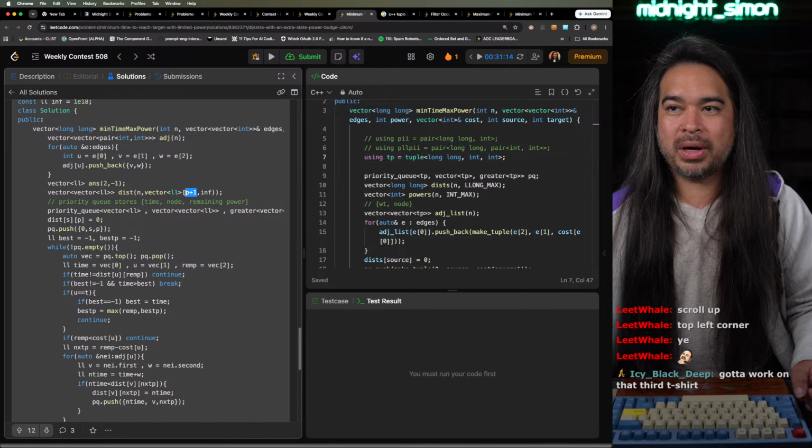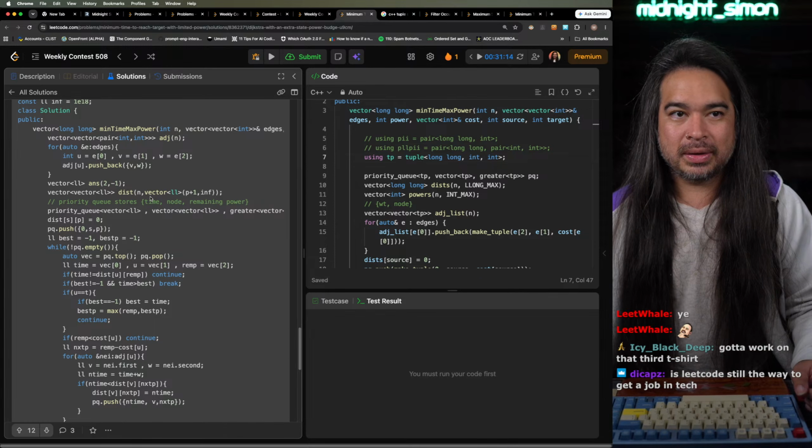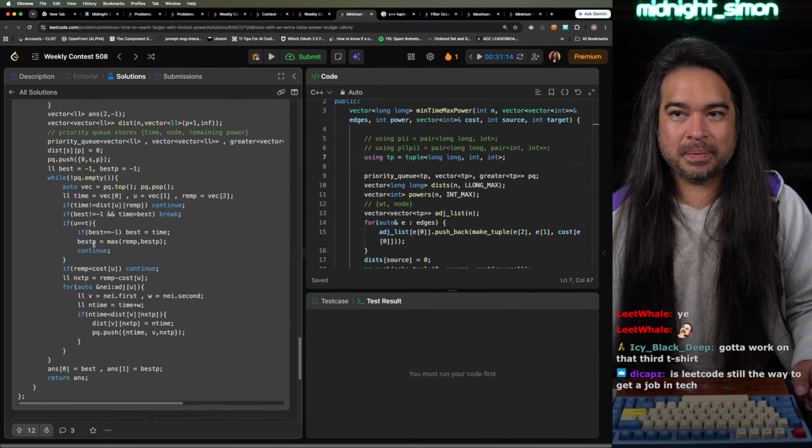So each of those powers represents the long, yes. Interesting. And then you gotta do some maximum best power thing. If we reach the end or whatever.